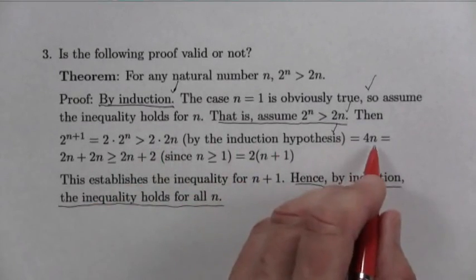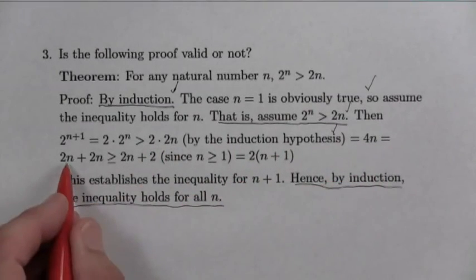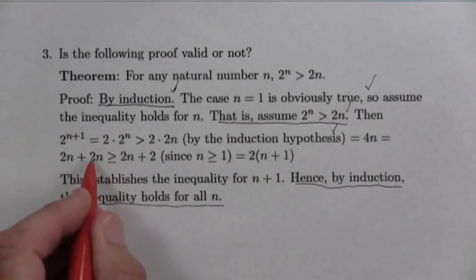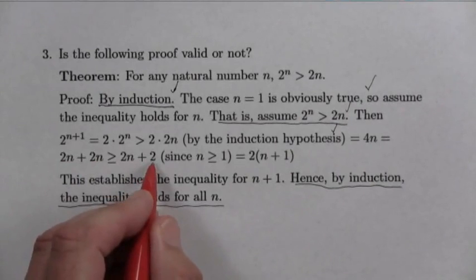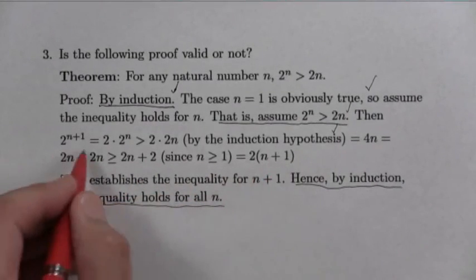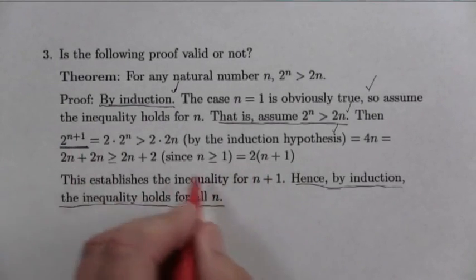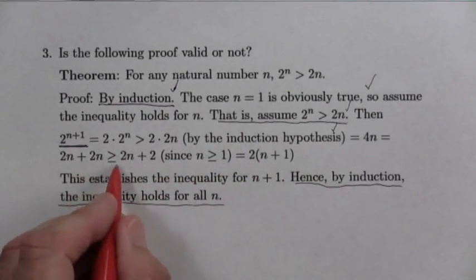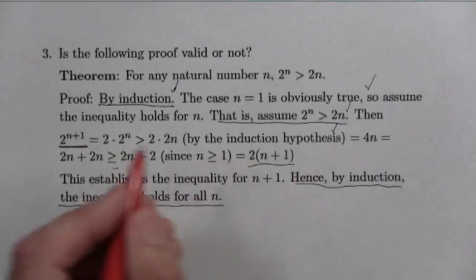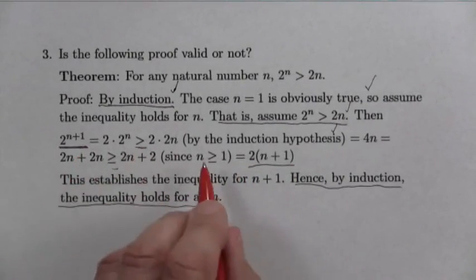2 times 2n is 4n, that's correct. 4n is actually equal to 2n plus 2n, and I did that because I can then say, well, 2n is bigger than or equal to 2, since n is greater than or equal to 1. So that's 2n plus 1. So I've got 2 to the n plus 1, and there's a greater than or equal to sitting in here, 2 times n plus 1. And there's a greater than there.